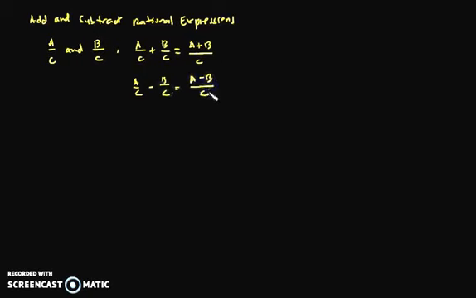If you have a over c and b over c, so these are any two rational expressions, then a over c plus b over c is simply equal to a plus b over c. Likewise, a over c minus b over c is a minus b over c, again where c is not equal to 0.